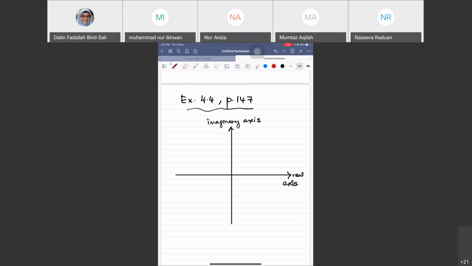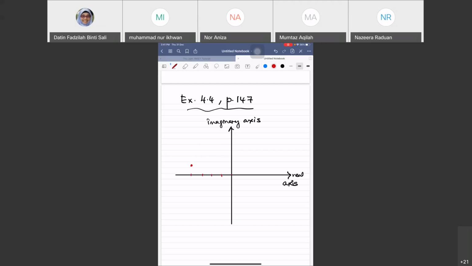When you want to plot, you just start from the middle. Let's say we want to plot A, which is -4 plus i. From the origin, you go to the left 4 units, the same as your negative x-axis, 1 2 3 4, and then with the positive i, you go up 1 unit.